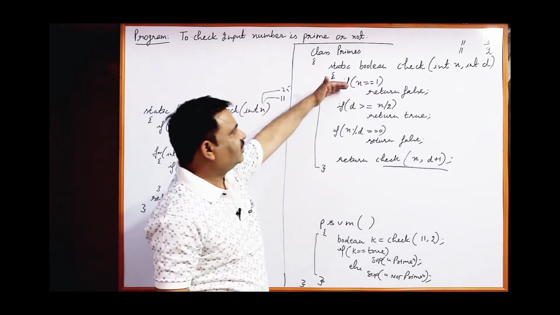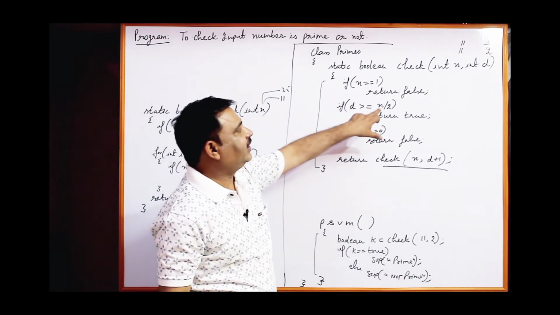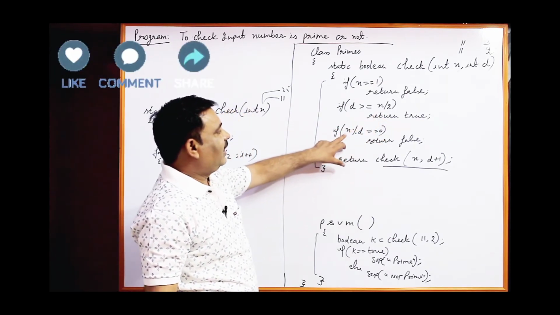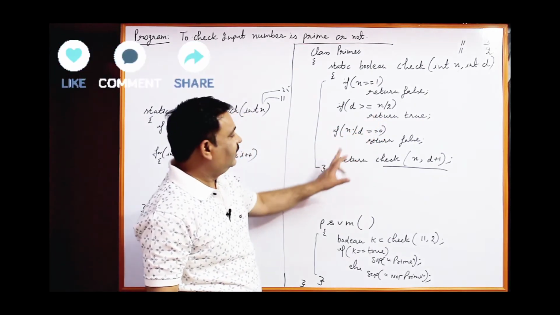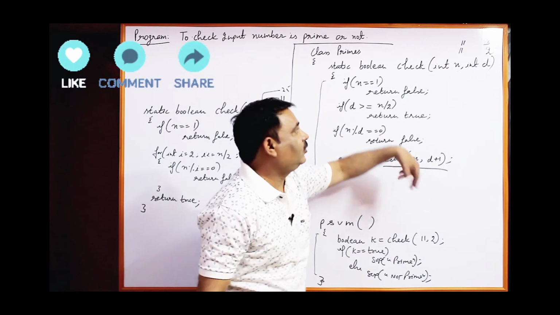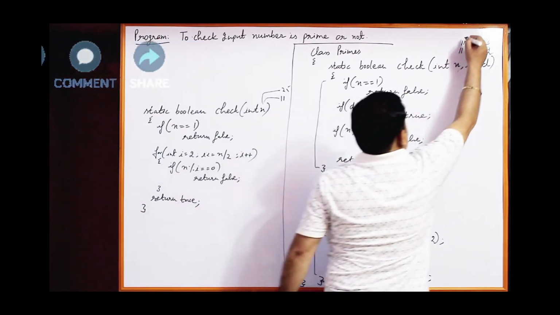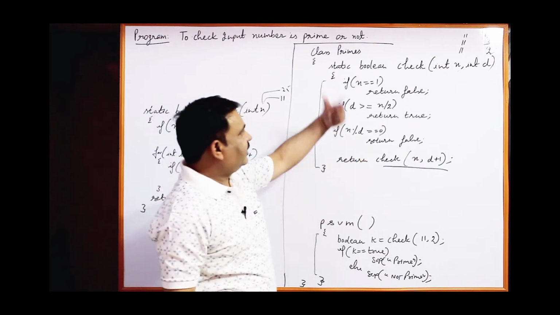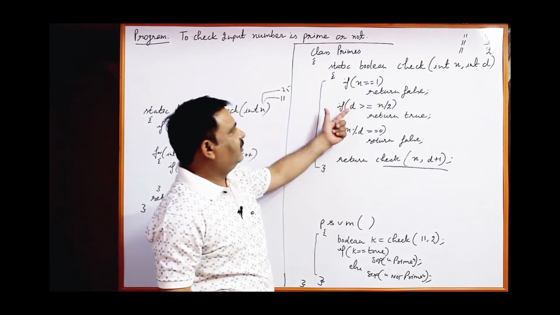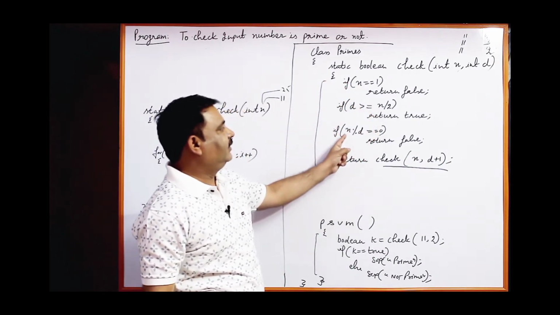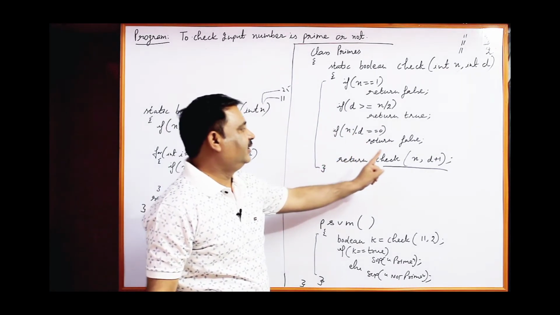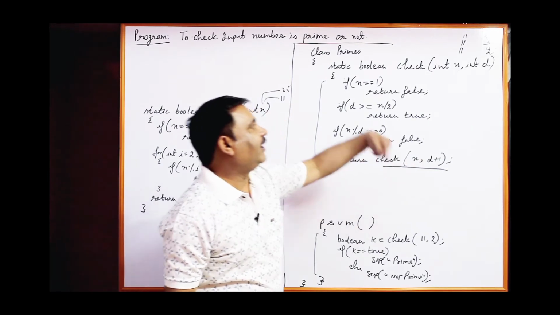Same process. 3 is not greater than the half of 11. 11 is not divided by 3. Again it will be called 11 comma 4. Next time again, n is not 1. 4 is not greater than the half of 11. 11 is not divided by 4. Come here, call 11 comma 5.